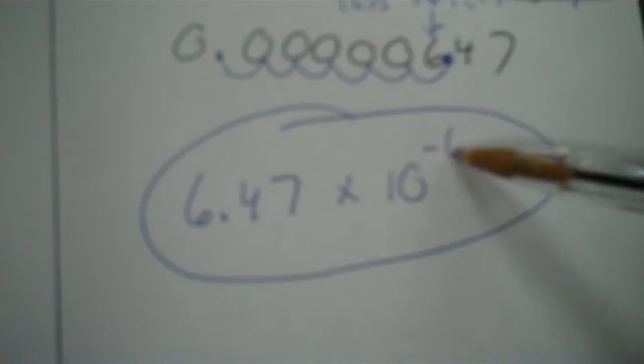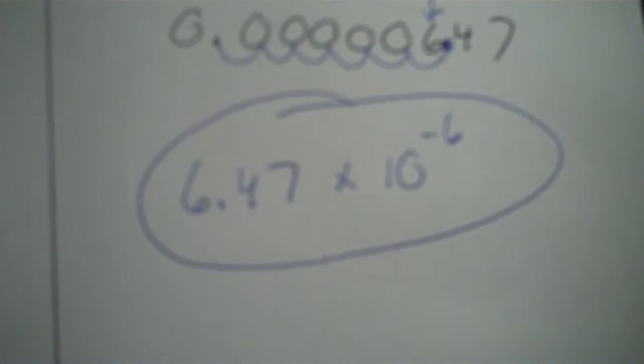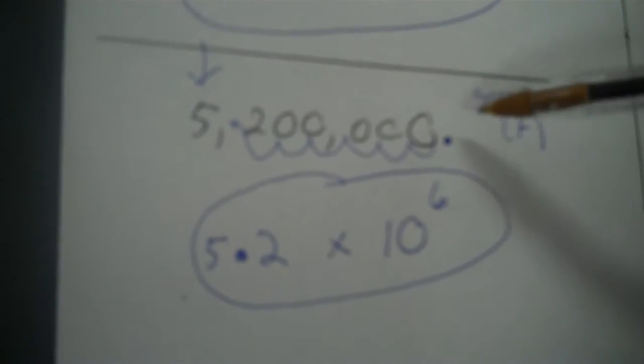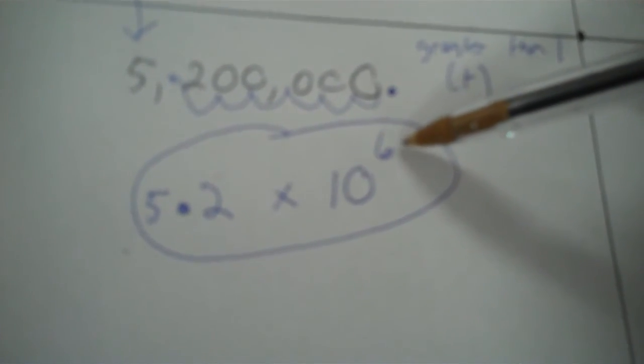Now again, there's many different ways to think about this. One thing, if you're moving it to the left, it'll be a positive. If you're moving it to the right, it'll be a negative. Okay, that's another way to think about it. Another way you can think about it is we made the number smaller here, so then we traded off by making the exponent positive.